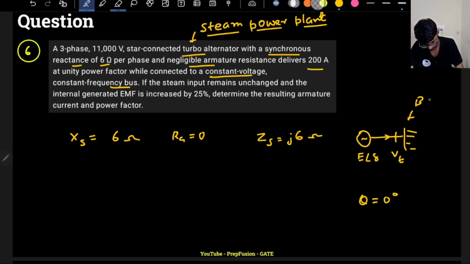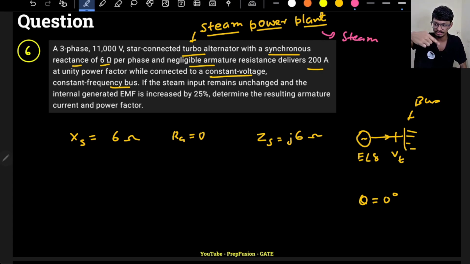If the steam input remains unchanged. In a steam power plant the input is steam, which flows through the blades of the turbine, the prime mover, and makes them rotate. The more steam I provide, the faster the blades rotate with more torque.